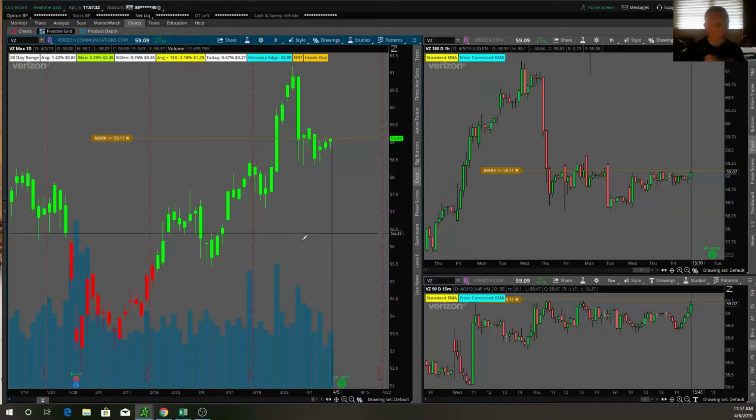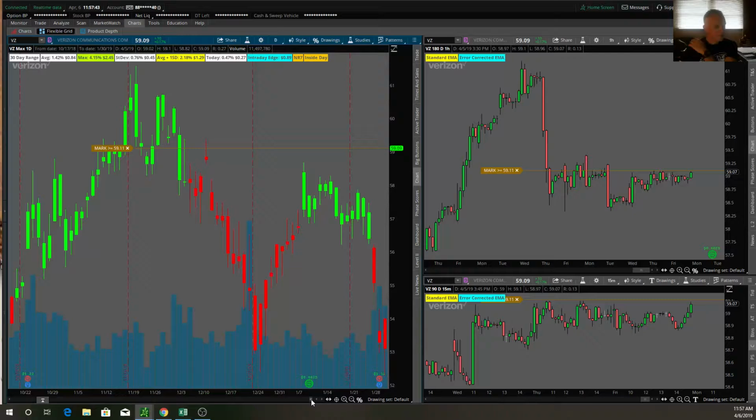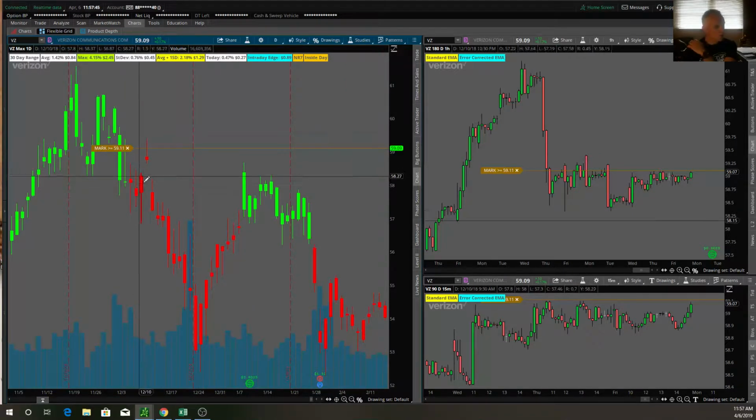Like I'm doing right now for Verizon. So that's all this HA cross does. When it's red, hey, you only want to look for down, short sales or buying puts.